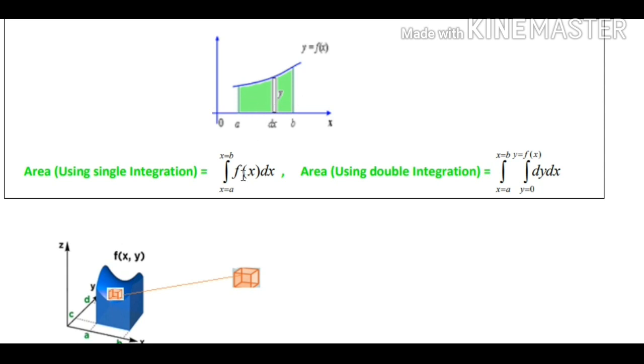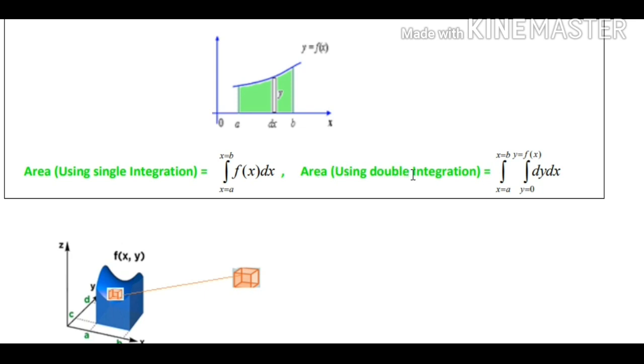So basically f(x) into dx represents the area of one strip, y into dx, where y is f(x), and this integration gives the sum of all such strips from x equal to a to x equal to b. So area using single integration is given by this formula. We already know this: integration from x equal to a to x equal to b of f(x) dx.